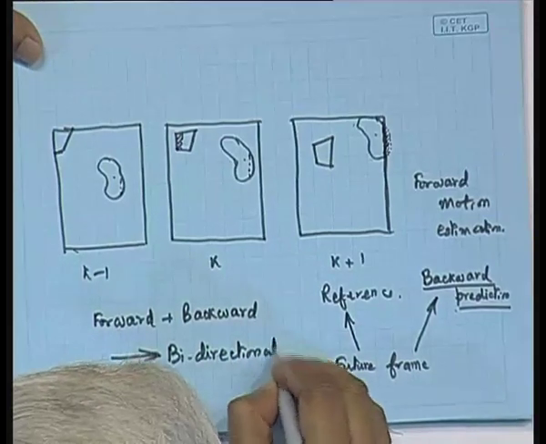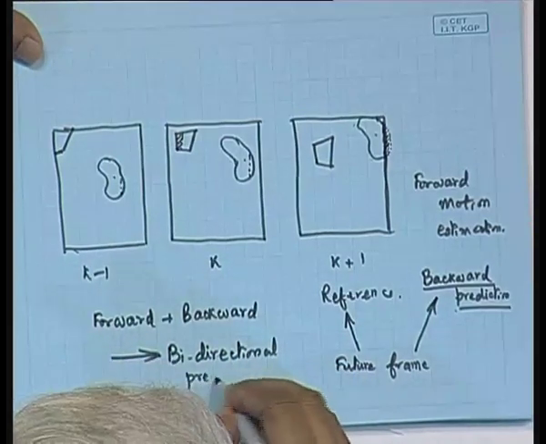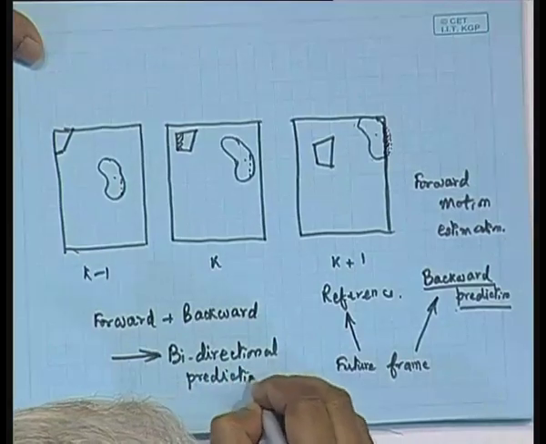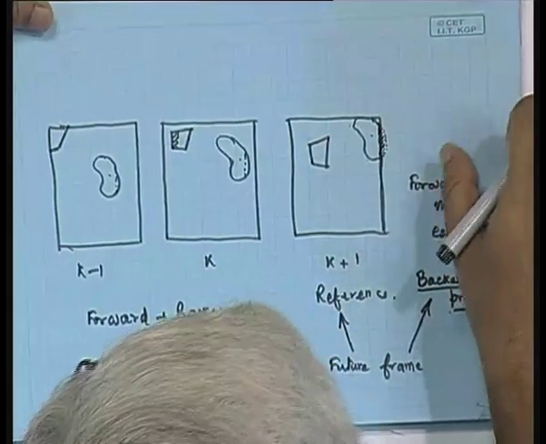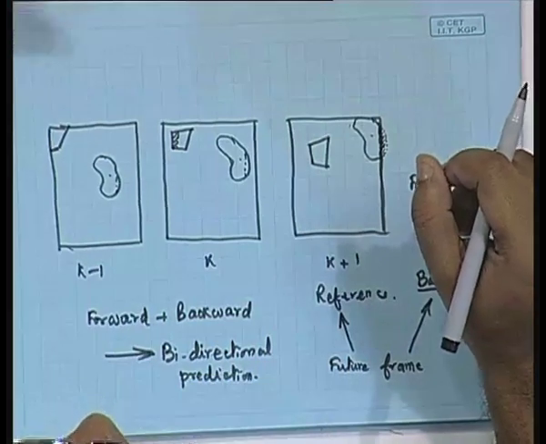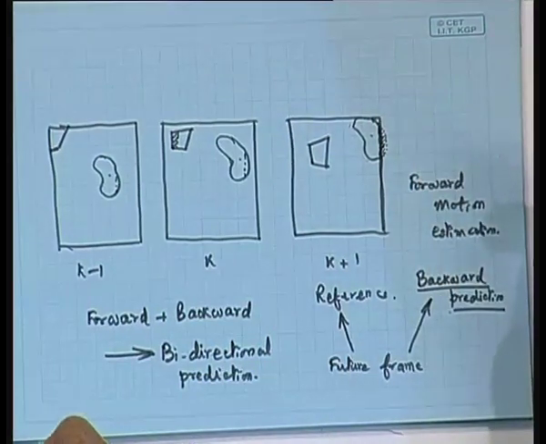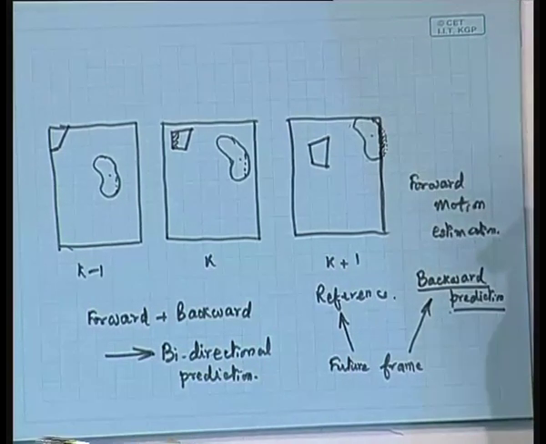Now, why should people use bidirectional prediction? The reason behind this is that whenever you have two reference frames, if you commit any mistake in estimating the motion with respect to the past frame, maybe the same amount of mistake you are not going to have while having the backward motion prediction.